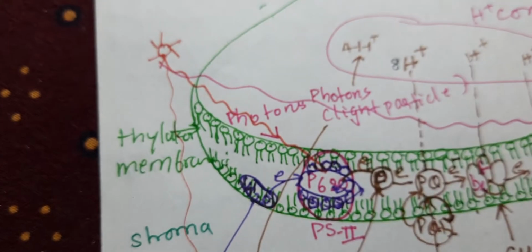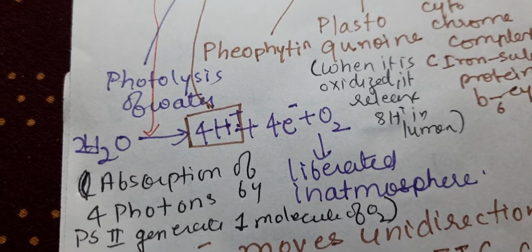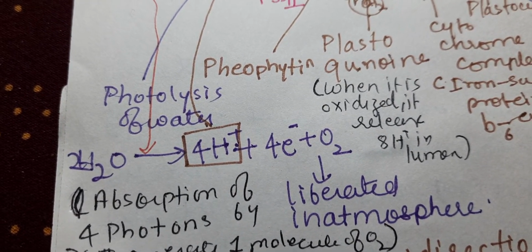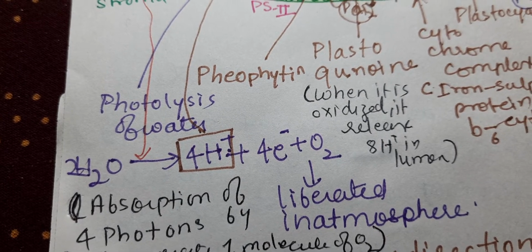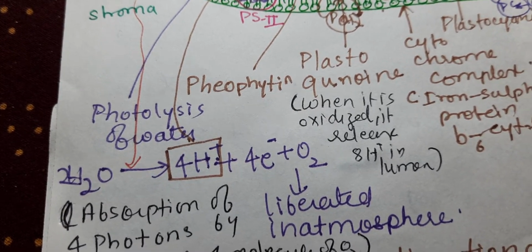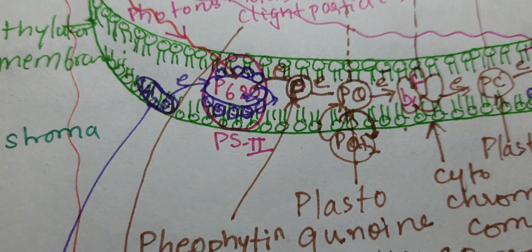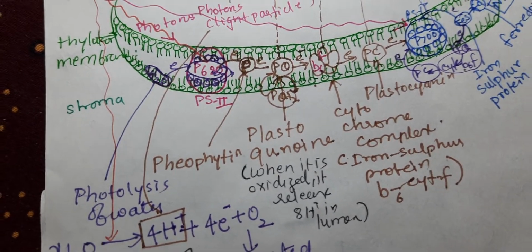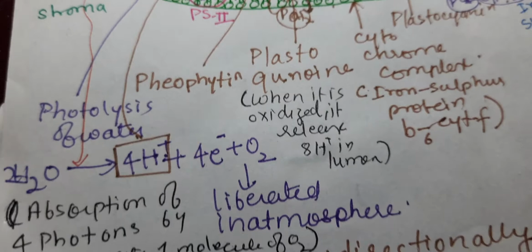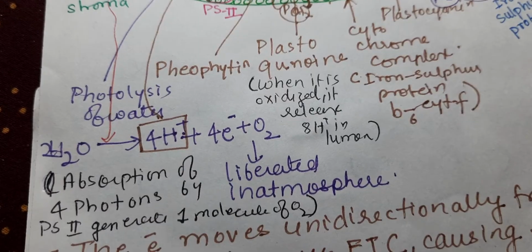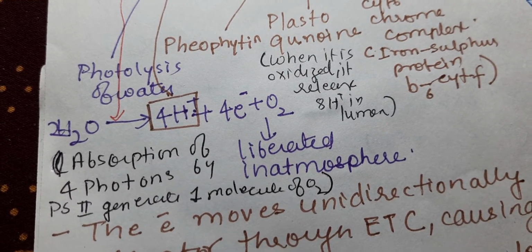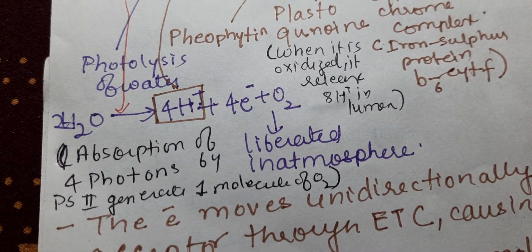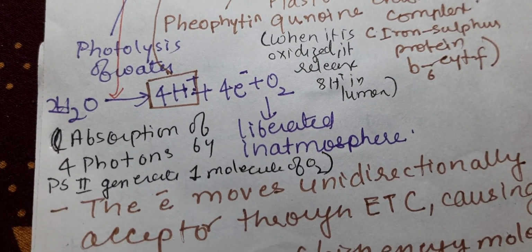Again the sun's energy is used for lysing the water molecule, which is called photolysis of water, and it produces 4 protons, 4 electrons and oxygen, which is liberated, and the electrons go to P680 and compensate the lost electron from P680. So this is a cycle of events. Absorption of 4 photons by P680 generates one molecule of oxygen.